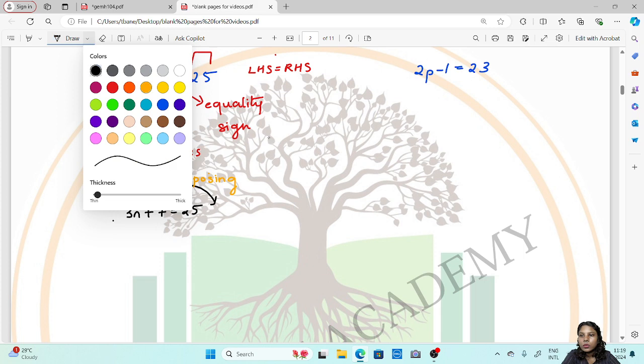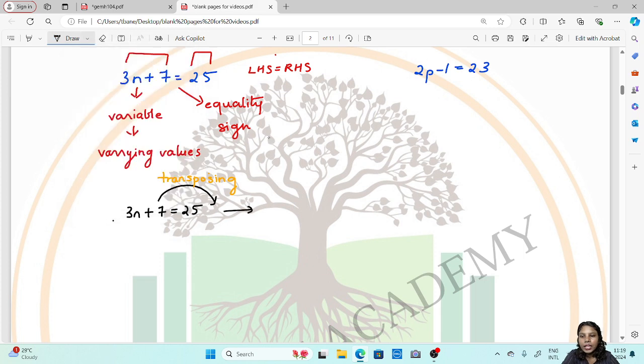The minute it goes to the other side, it becomes minus 7. So we will have 3n on the LHS and 25 minus 7 on the RHS.